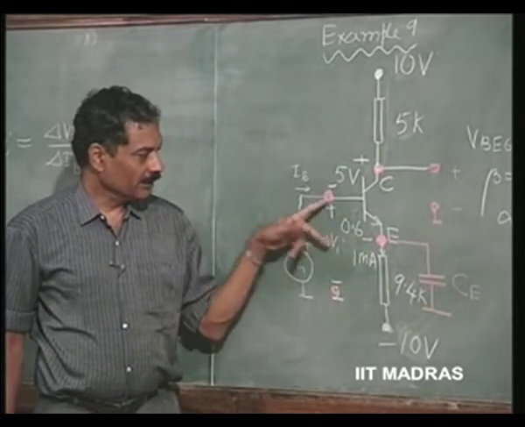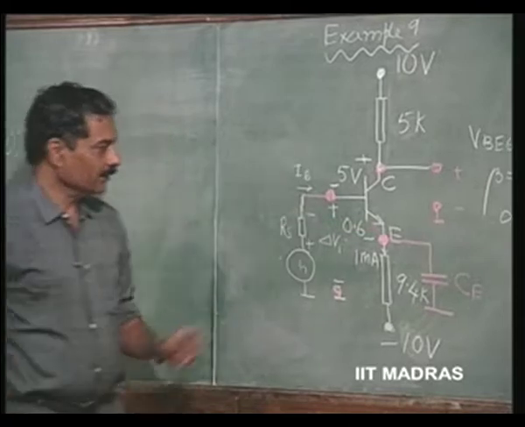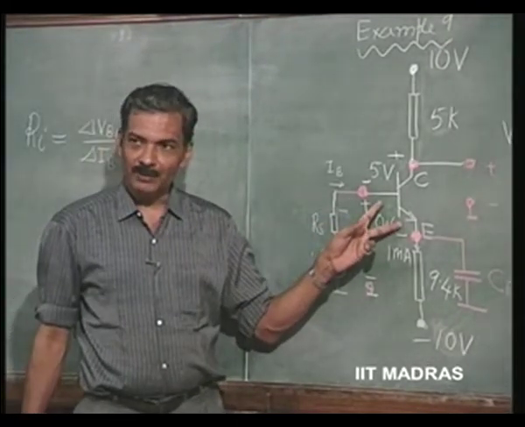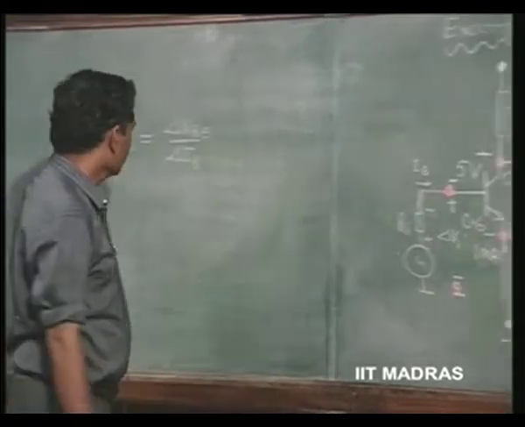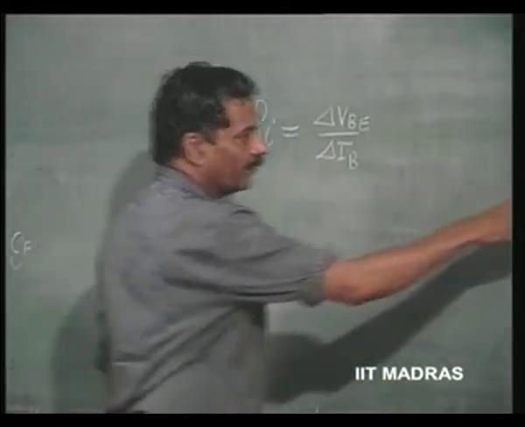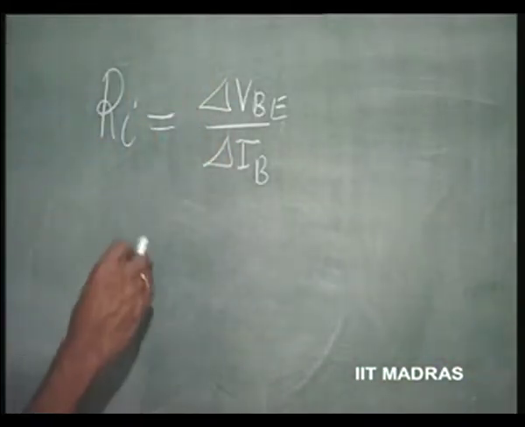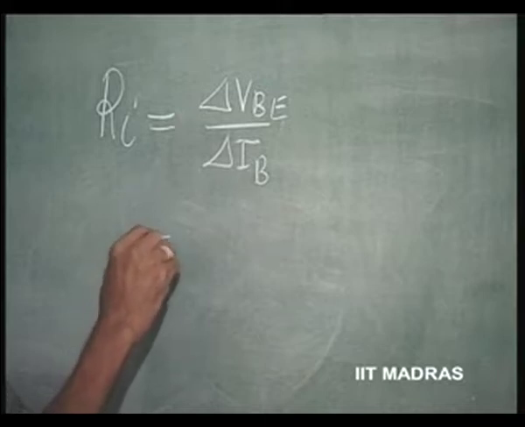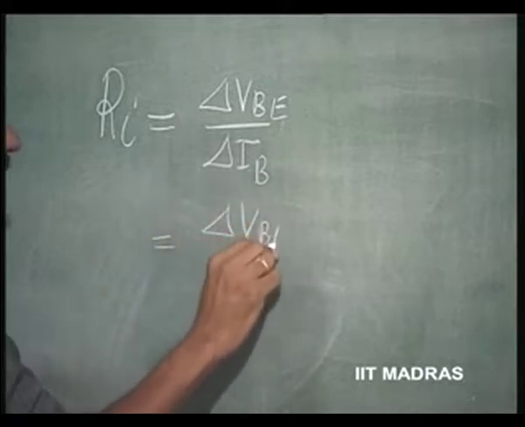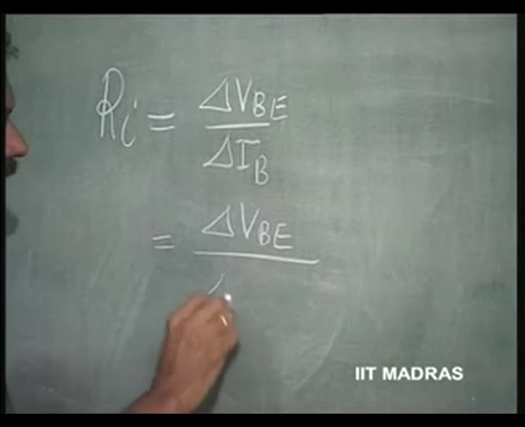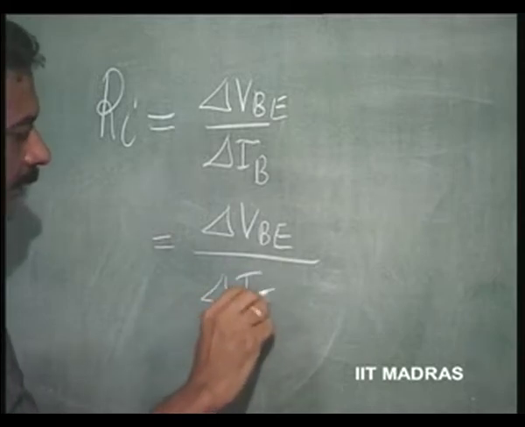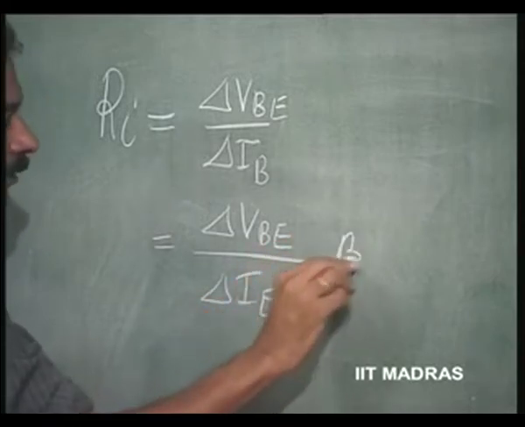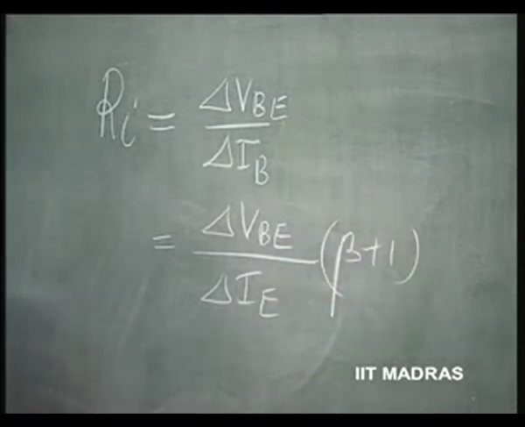So, delta Vi is going to be added as delta VBE. So, delta VBE by delta IB, the input impedance, is equal to delta VBE divided by delta IE, into beta plus 1.